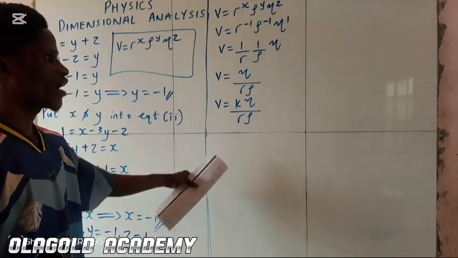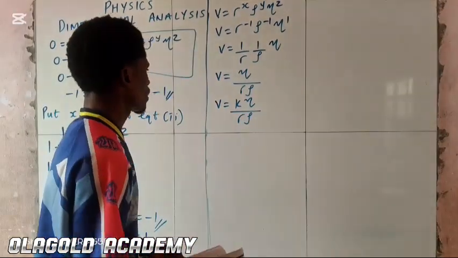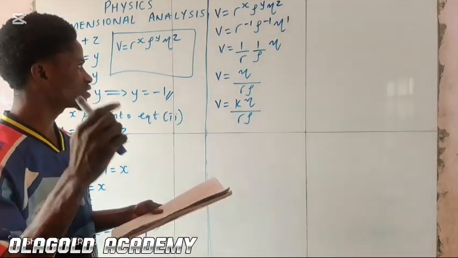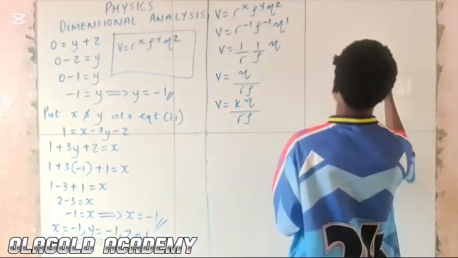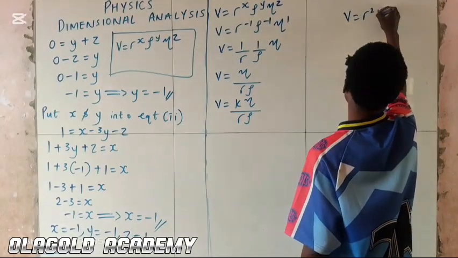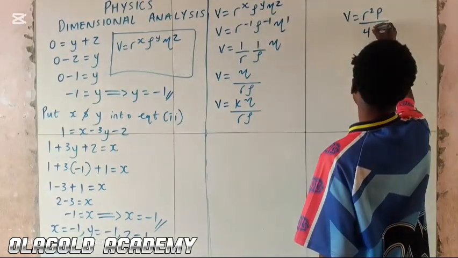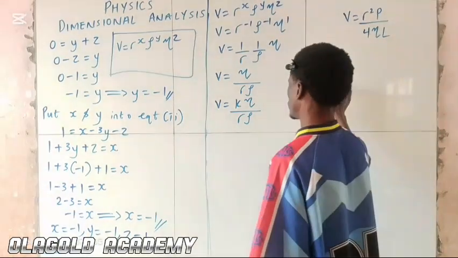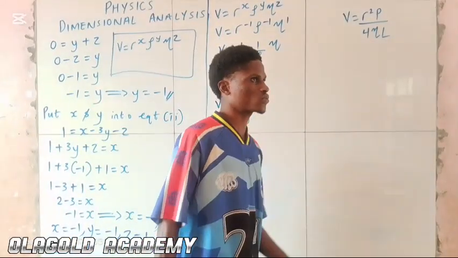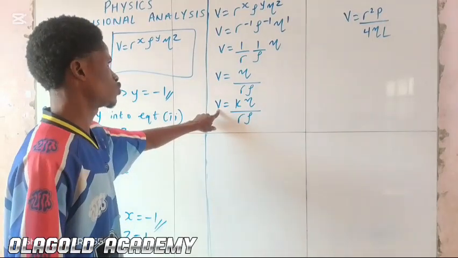Now I could have stopped here, but the question says that given that v equal to r squared p over 4 eta l. We are given that v equal to this. So we are going to replace the value of v with this.